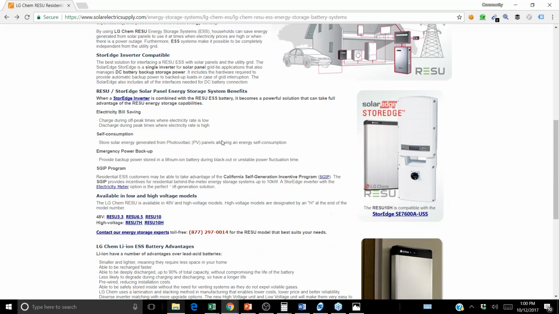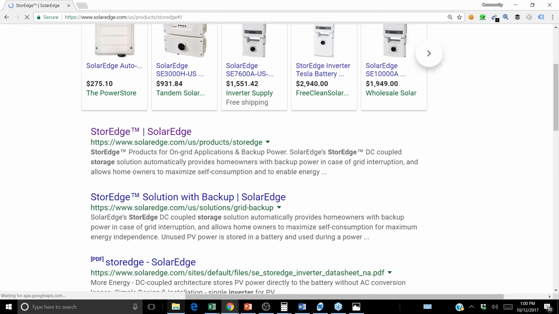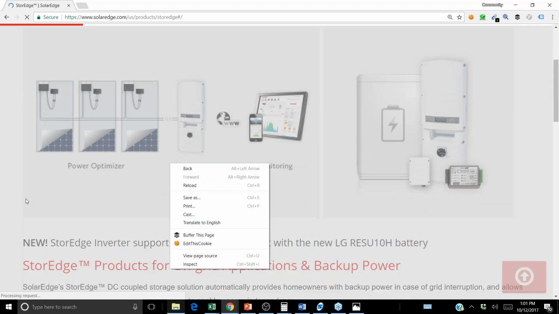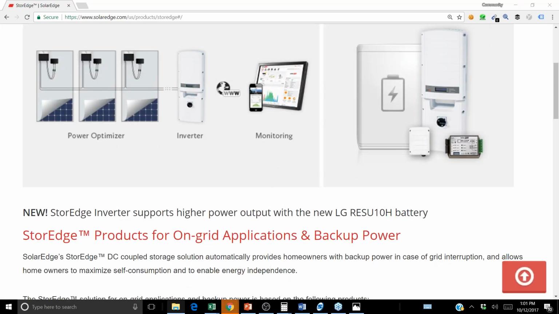The reason it can be seamlessly integrated into the SolarEdge inverter system is that the customer has already effectively bought a charge controller by buying these DC optimizers a little bit upline. Because this voltage is being regulated at a constant voltage into the inverter, it's not too hard to just snap on an additional battery.